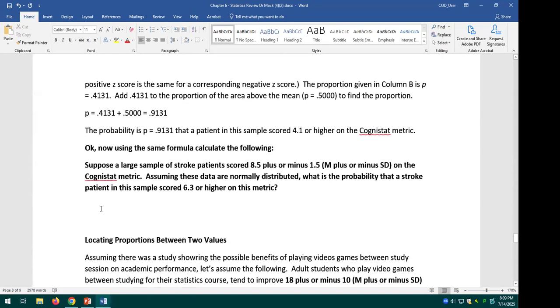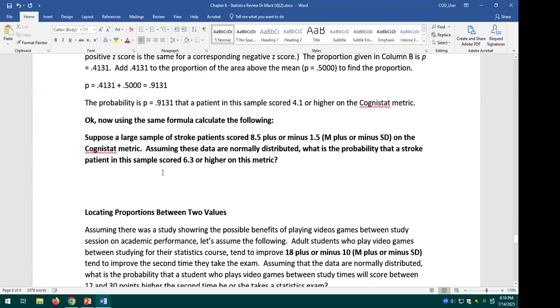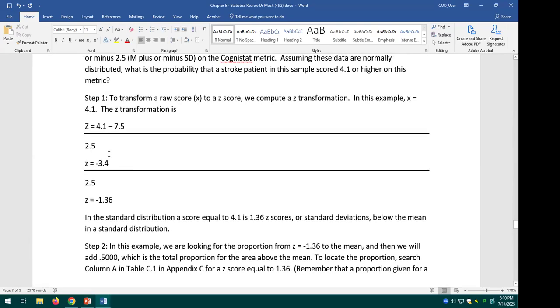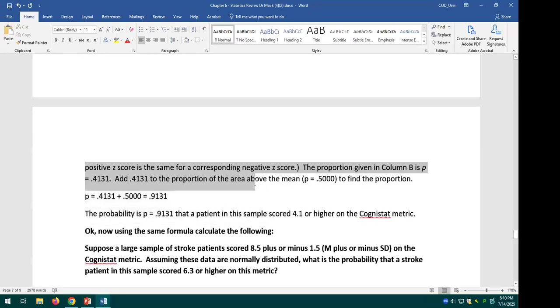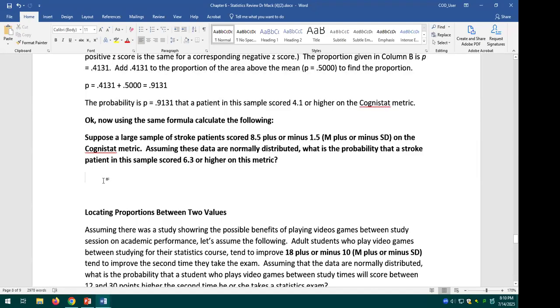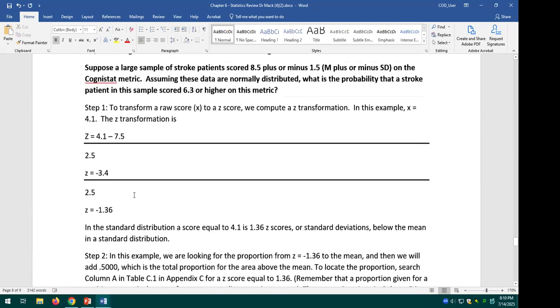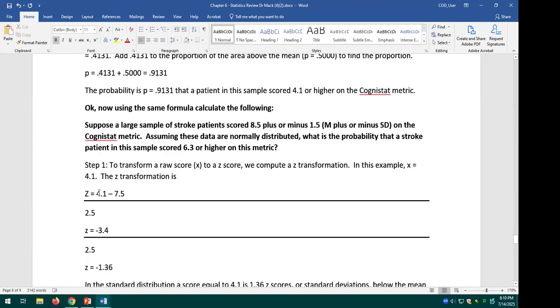Now using the same sample, calculate the following. 8.5 plus or minus standard deviation on the COD metric, that they scored 6.3 or higher. So all you have to do is take this and literally make sure you add it back together the correct way. You have your answer. But it's going to change. So it's 8.5. So that's our mean. So that's what we're going to subtract. That's our X minus M, 8.5.